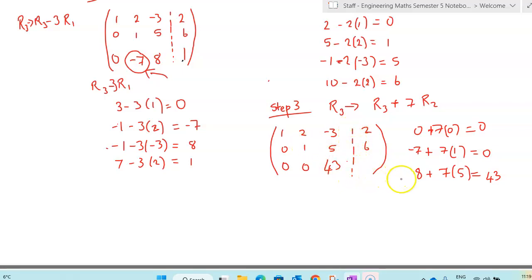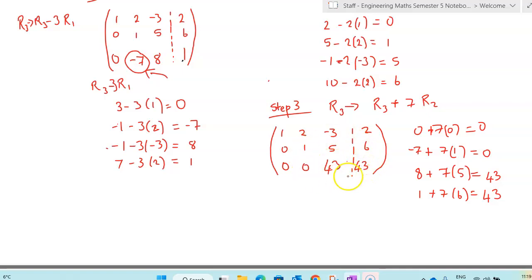And the last one is 1 plus 7 sixes. So 7 sixes are 42 plus 1 is 43. I put 43 in here.